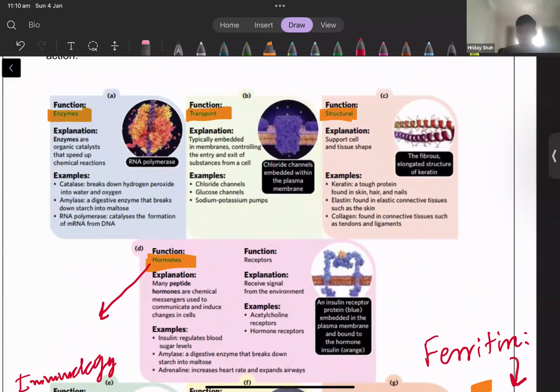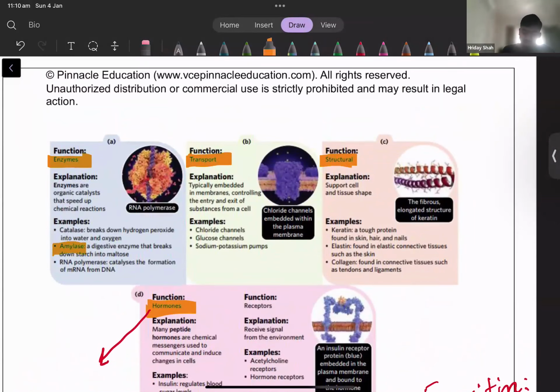Now, if you have done Unit 1, 2, you should have done the enzyme amylase. Otherwise, don't worry, in Units 3, 4, we will do a lot of examples of enzymes throughout the entire course. One that we will cover next lesson, if you want to write it down, is going to be RNA polymerase.